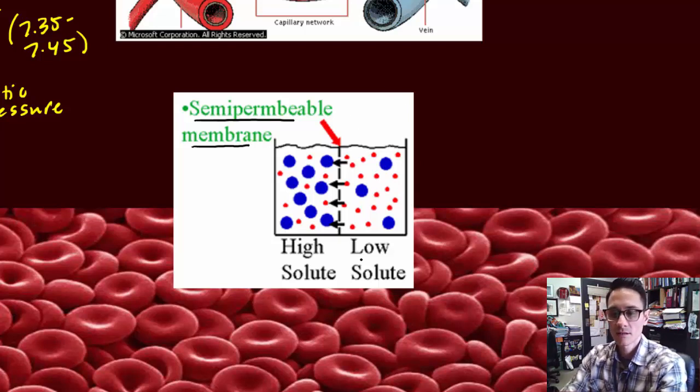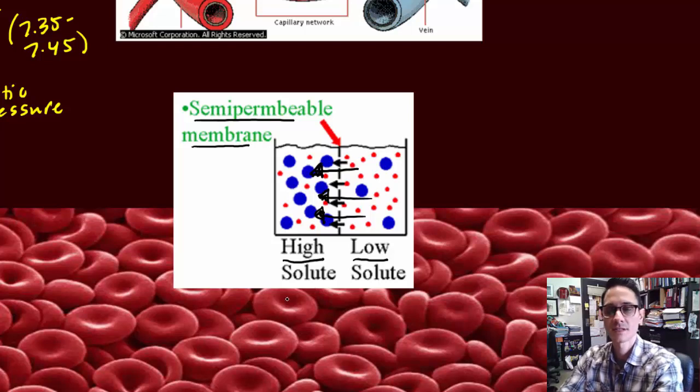If we take a look at this container, the right-hand side of the container is low solute concentration, and the left side of the container is a high solute concentration. Remember that water is always drawn by osmosis to an area of high solute concentration. So water always wants to go where there's more solute. So what does that mean for albumin and for our blood pressure?